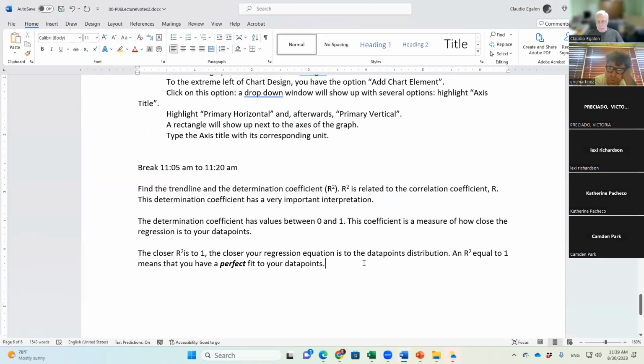This one here. As it was said before, R square is a measure of how close the regression equation is to the data points. Okay.